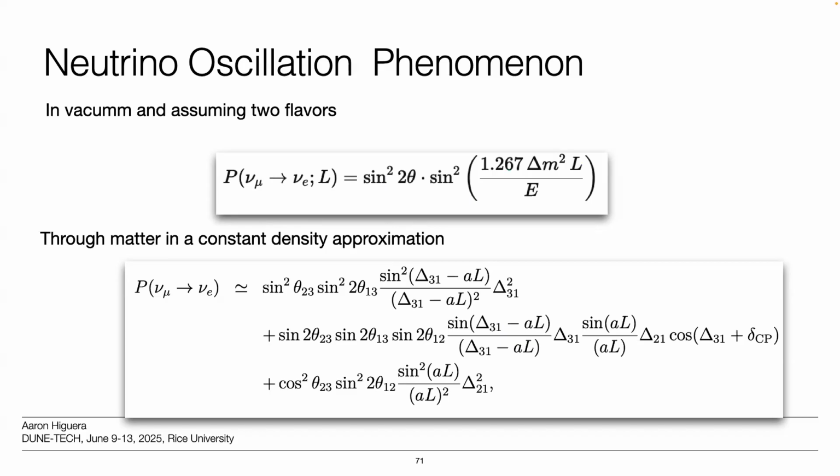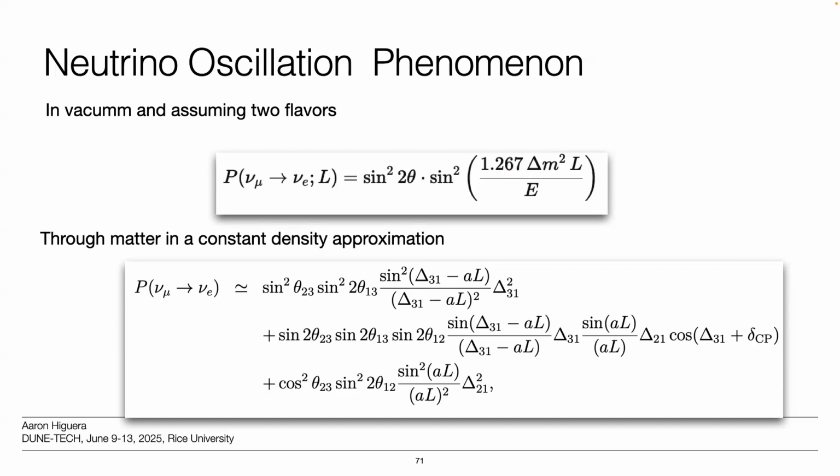Because we assume that there are 3 neutrinos, you have to know every single parameter, theta 2-3, theta 1-3, and theta 1-2, as opposed to just assuming one single parameter. This is the difference in the masses and L over E. A is proportional to the density of the matter they are traveling through, which is proportional to the number of electrons in matter. So you see how complex it is when you try to do the real thing, right?